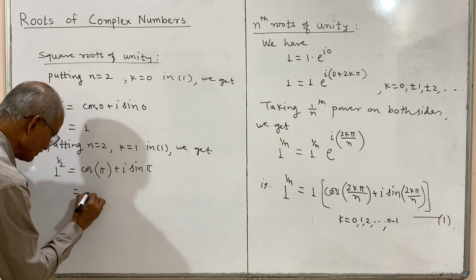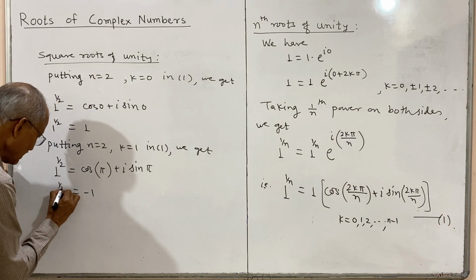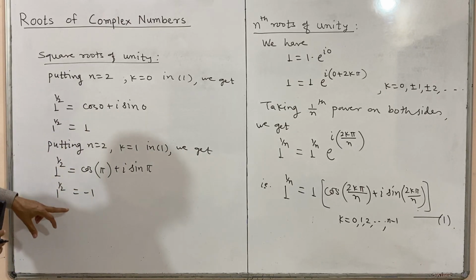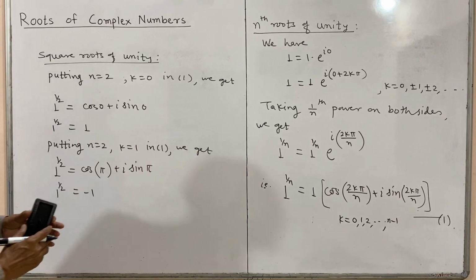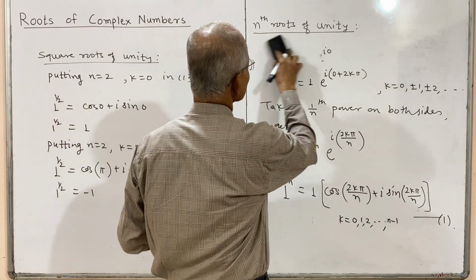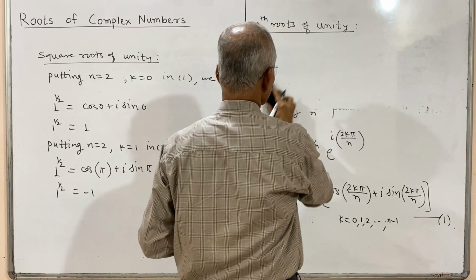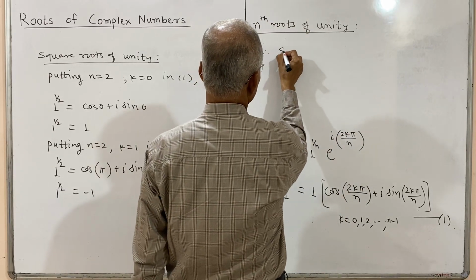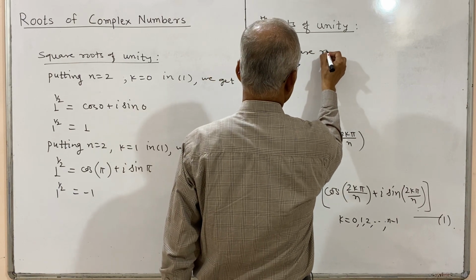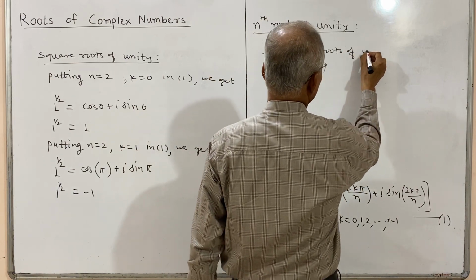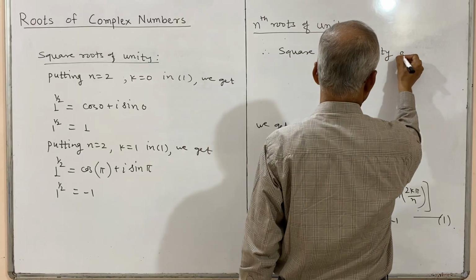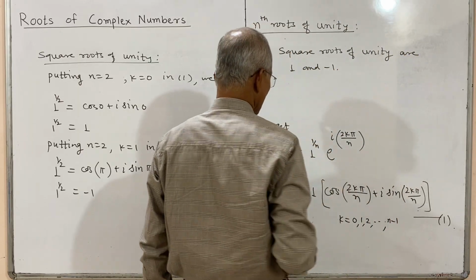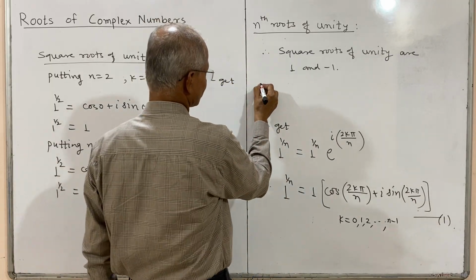So therefore this value is minus 1. And thus there are two distinct square roots of unity, that is 1 and minus 1. So the square roots of unity are 1 and minus 1.